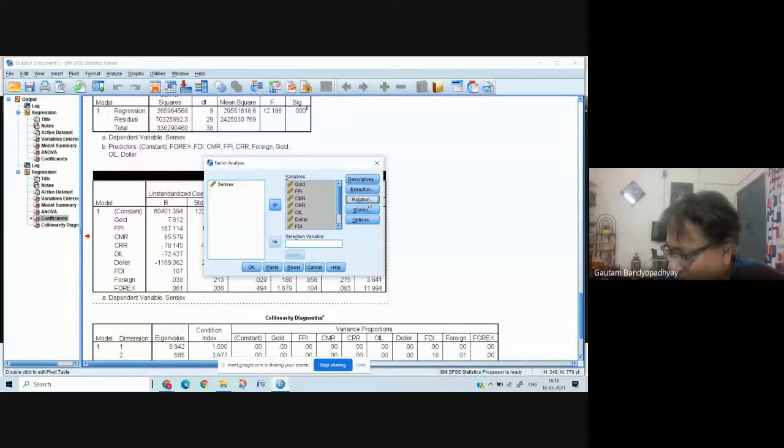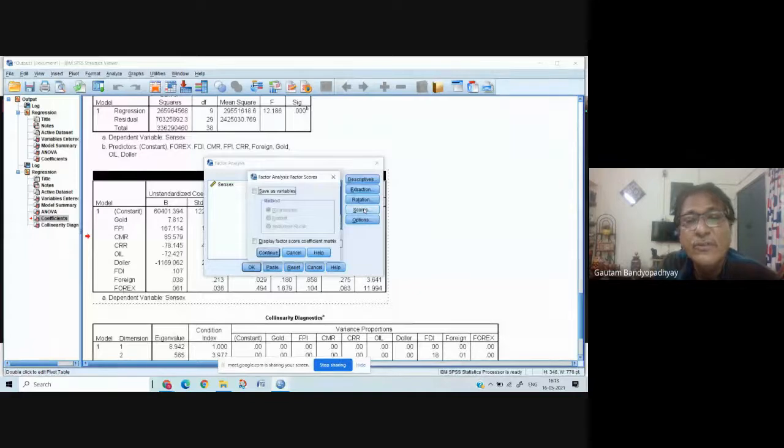Initially I told you, we started with the supervised data, regression failed, then we went for factor analysis, PCA. And again, we have come back to supervised data for getting a model, because our objective is to get a model. For the model building, we need some regression scores, so we select the factor score that is saved as variable.